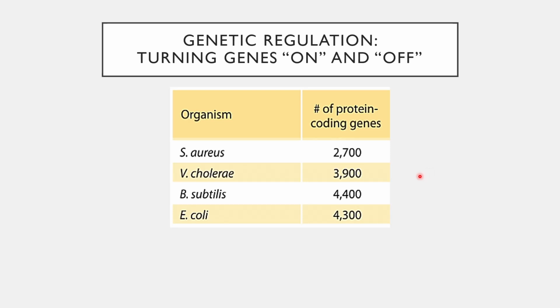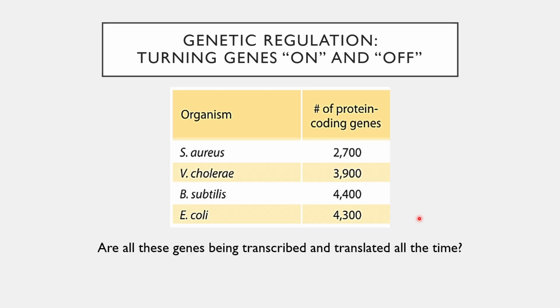And that's quite a lot. Vibrio cholerae has even more. It has 3,900 protein coding genes. And then Bacillus subtilis has 4,400. Escherichia coli has 4,300. So this is a lot for a little cell. And my question that I pose for you is, do you think that every single one of these instruction manuals is being followed and carried out 100% of the time?